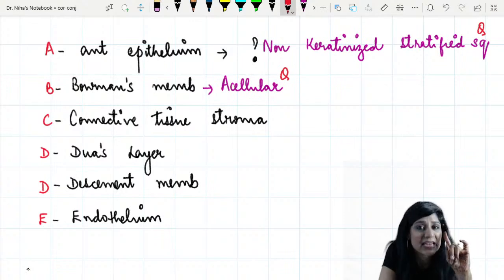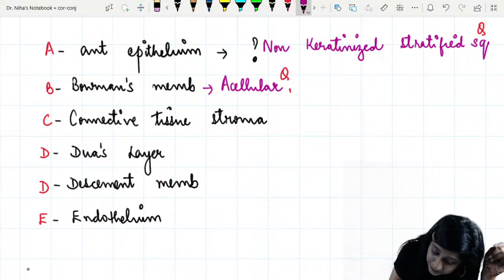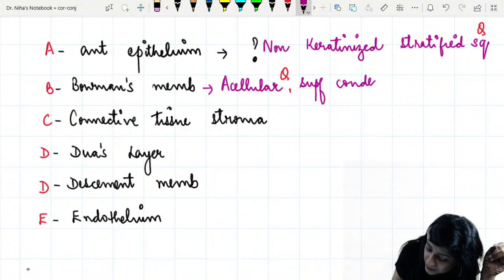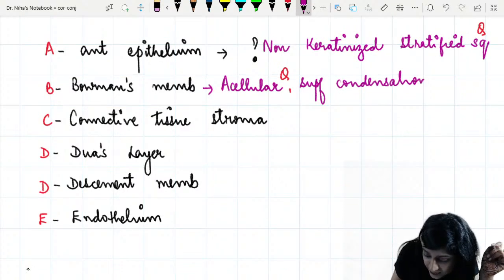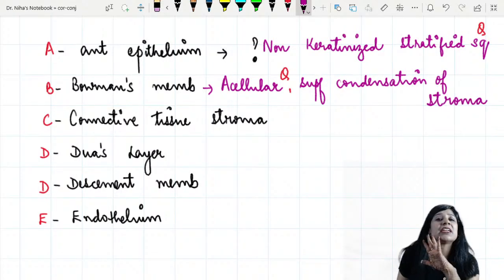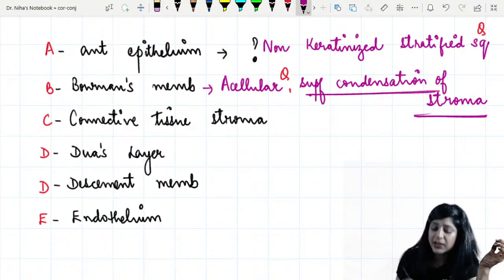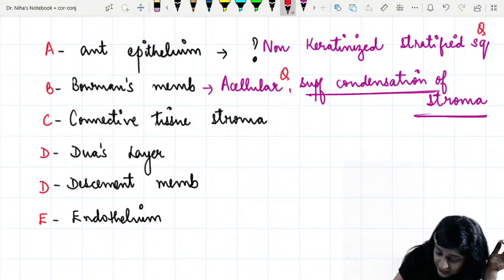Bowman's membrane is acellular. Why is it acellular? Because it is actually the superficial condensation of the stroma. It is not having any cells, just the stroma is condensed superficially and it forms your acellular layer.